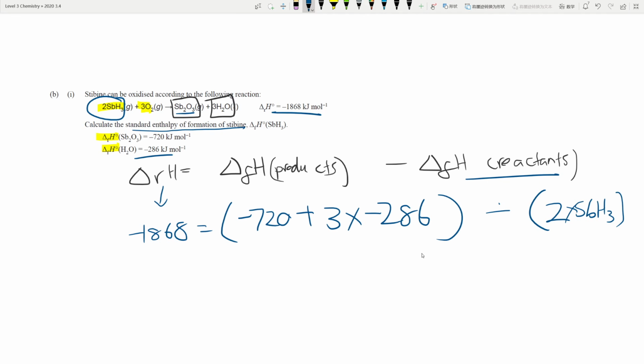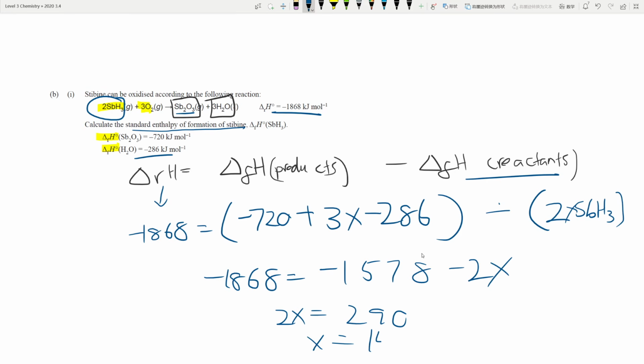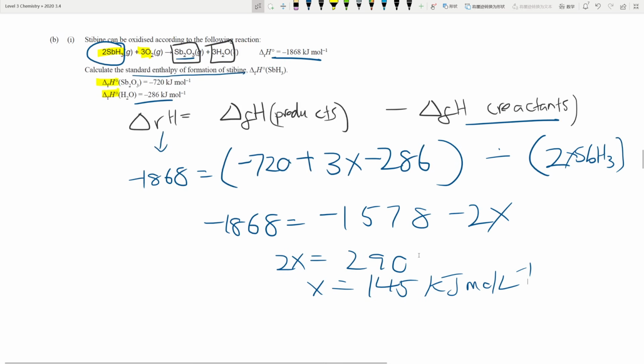Let me crunch this: -720 plus 3 times -286 is -1578, minus 2x. I'm just going to call it x. So 2x equals 290, and x equals 145 kilojoules per mole. Okay, that's done.